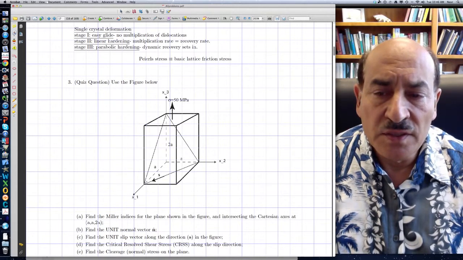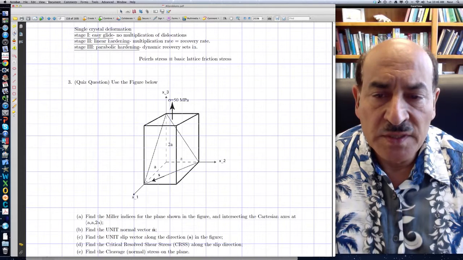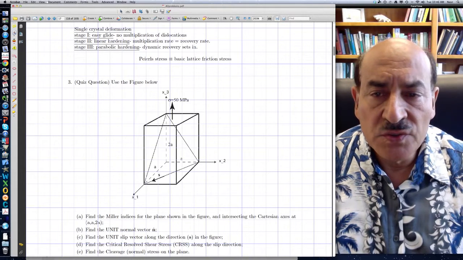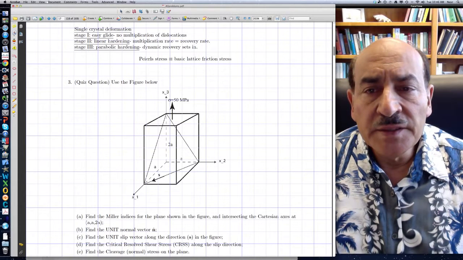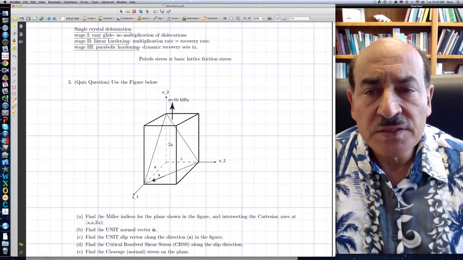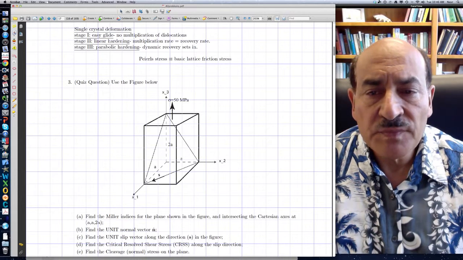So we can call x as x1, y as x2, and z as x3. And we have an applied stress along the z direction at 50 MPa.